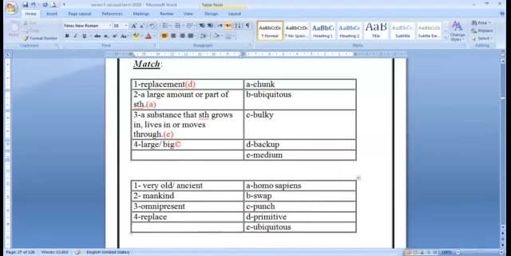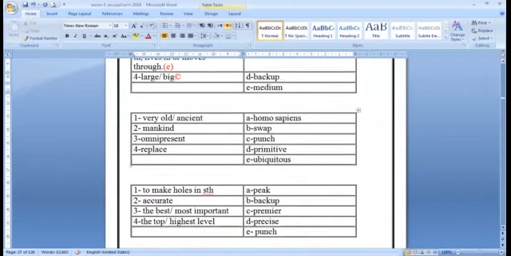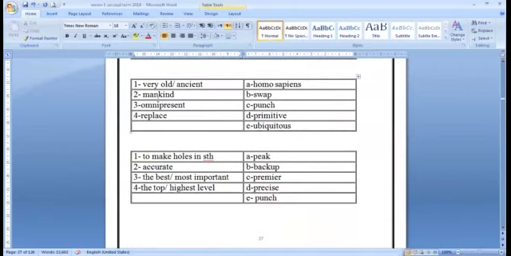Okay, the following part here. In the first column, you have number one, very old or ancient. Number two, mankind. Number three, omnipresent. And number four, replace. And replace here, as I have told you, is not replacement, replace as a verb.